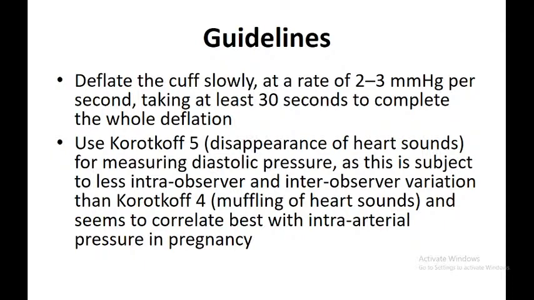Also, Korotkoff 5 correlates best with the intra-arterial pressure in pregnancy. So mostly it is Korotkoff 5 that we consider for measuring the diastolic blood pressure, not Korotkoff 4, because it is subject to less intra-observer as well as inter-observer variation, and it correlates best with the intra-arterial pressure in pregnancy.